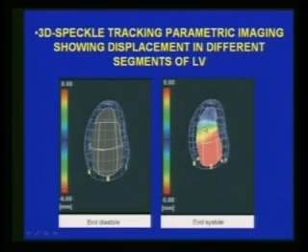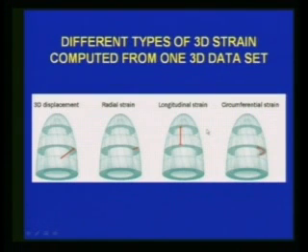You can see that there is a dyskinesis of the apex and hypokinesis of the IVS and the distal part of the left ventricle, and these are the different types of strains that can be got on 4D strain, the apical twist and torsion. Thank you very much.